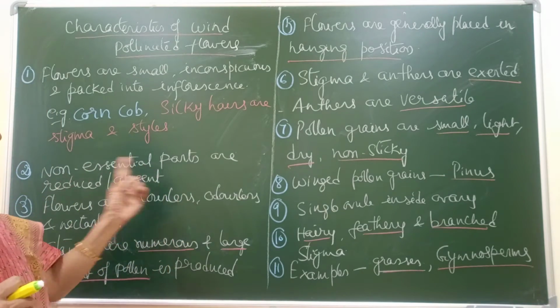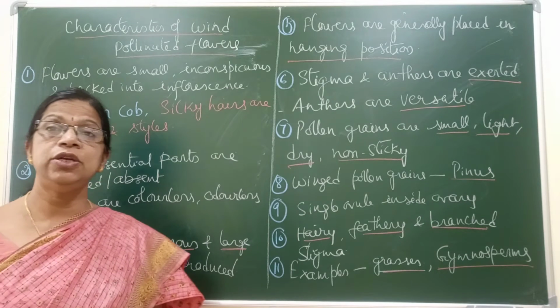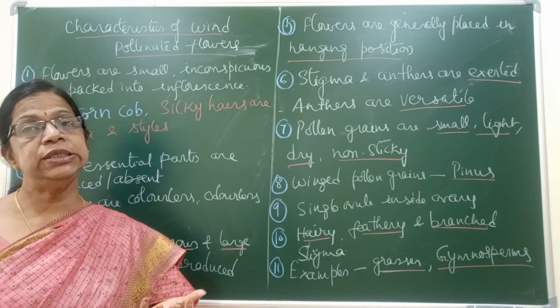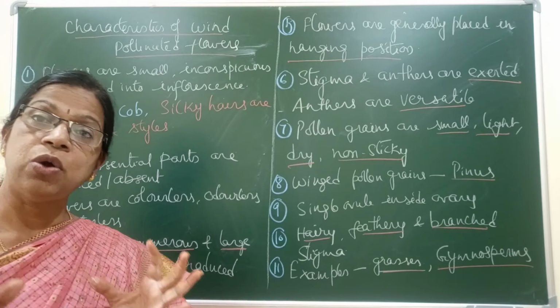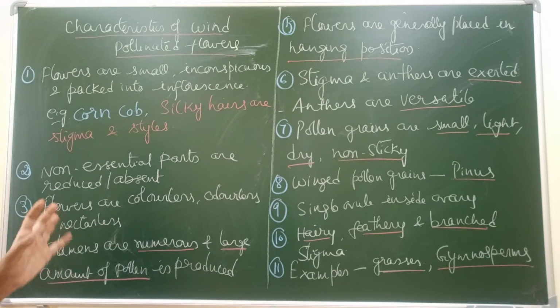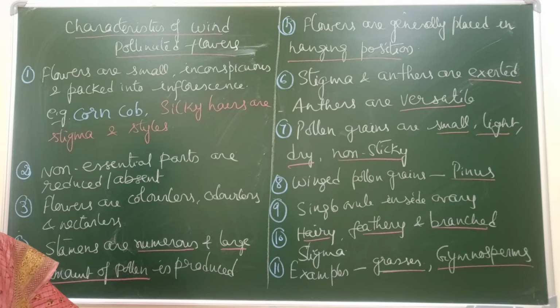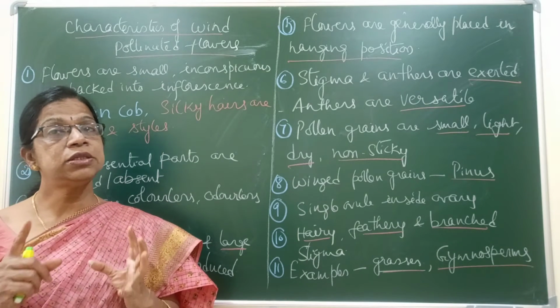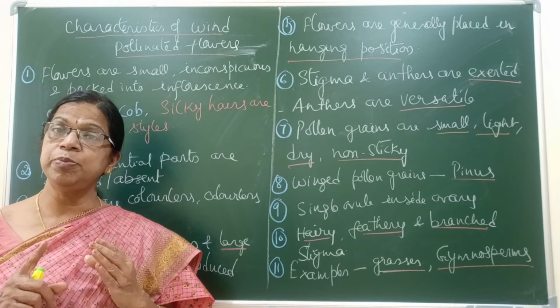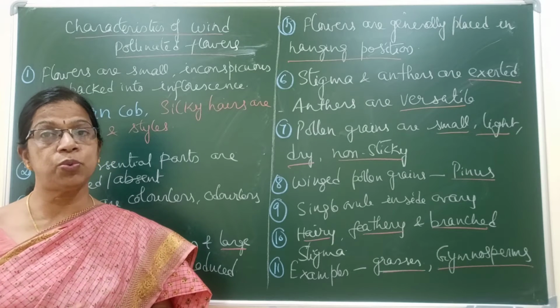The next point: non-essential parts here are highly reduced or absent. What are non-essential parts? Calyx and corolla. The calyx and corolla are not required, so they are not very well developed. They are highly reduced or even sometimes absent. We can understand this very clearly in the spike inflorescence, especially in Poaceae members like rice or wheat.